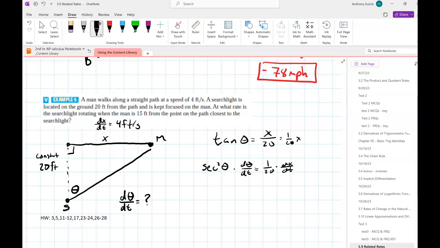So I just need to then divide both sides by secant squared, which is the same as multiplying by cosine squared, right? Let's just write cosine squared here.